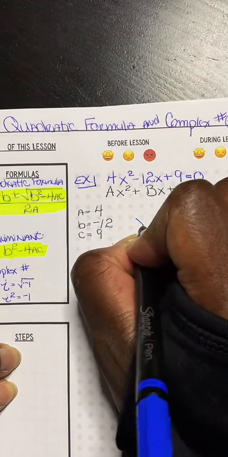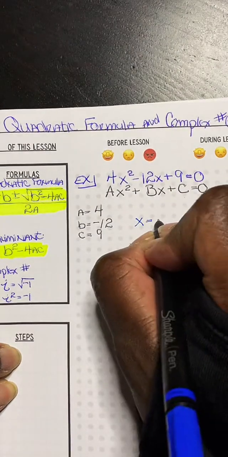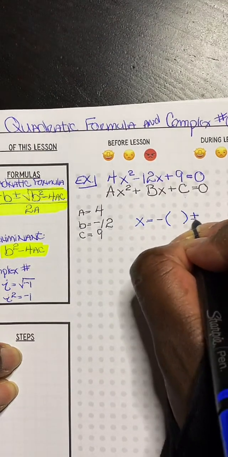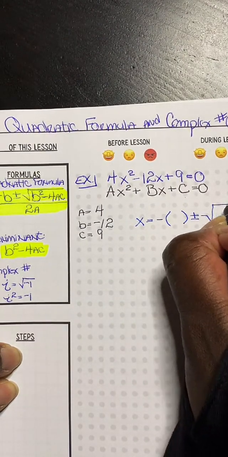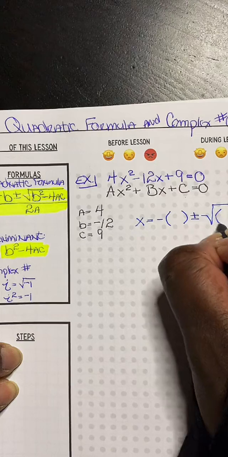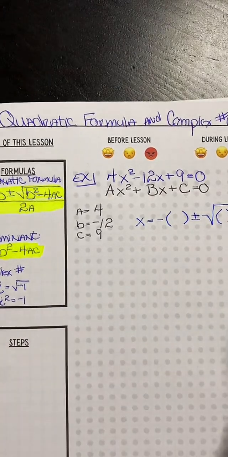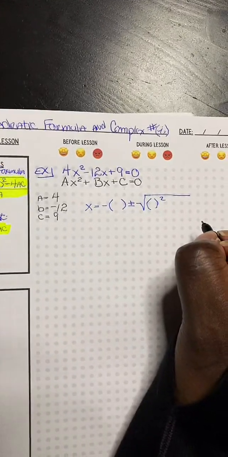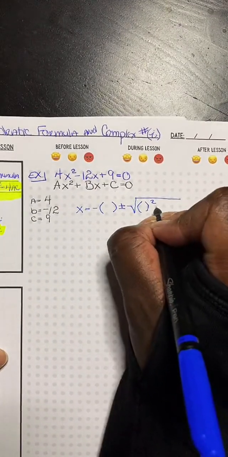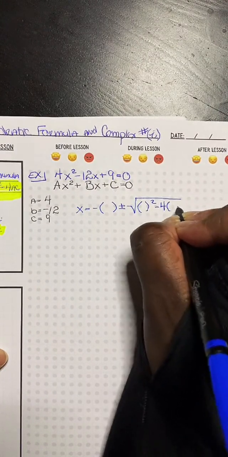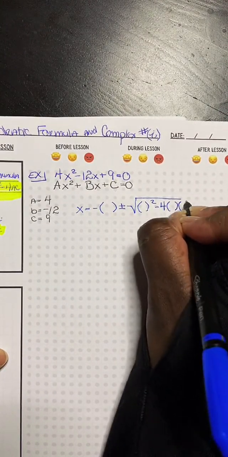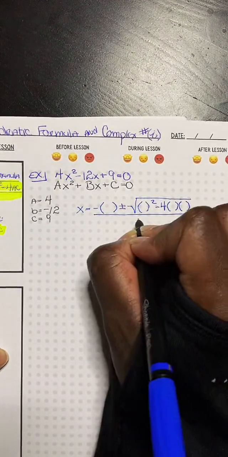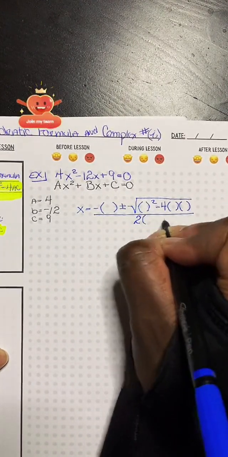So we have x equals negative b, plus or minus the square root of b squared, minus 4ac, all over 2 times a.